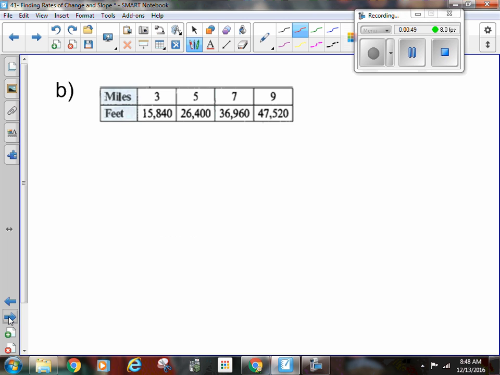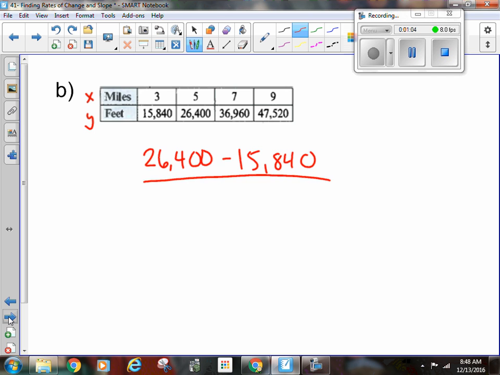Now we look here, and this would be my X, and this would be my Y. So we're going to do our feet on the top. We're going to take our 26,400 and subtract our 15,840, and put that over 5 minus 3. You always want to do your second term first.